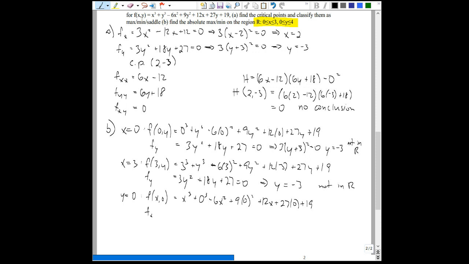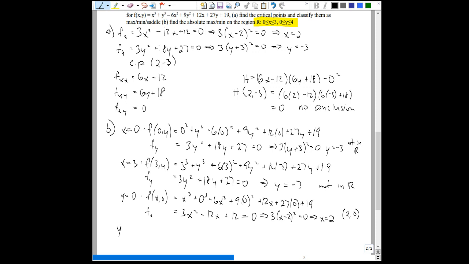And I'm going to take the partial with respect to x of all that, and I'll get 3x squared minus 12x plus 12, and then the rest will just be plus 0. And this all has to equal 0. Well, once again, when we factor this out and solve, we'll get 3 times (x minus 2) squared equals 0, and that gives us x equals 2. This does give us a point in our region. So that gives us the boundary critical point (2, 0).